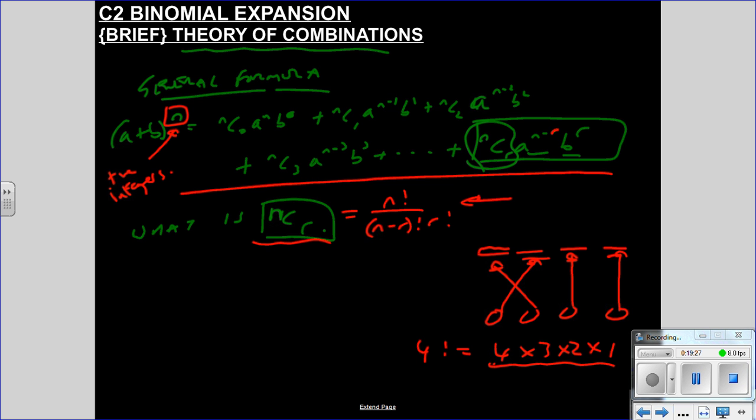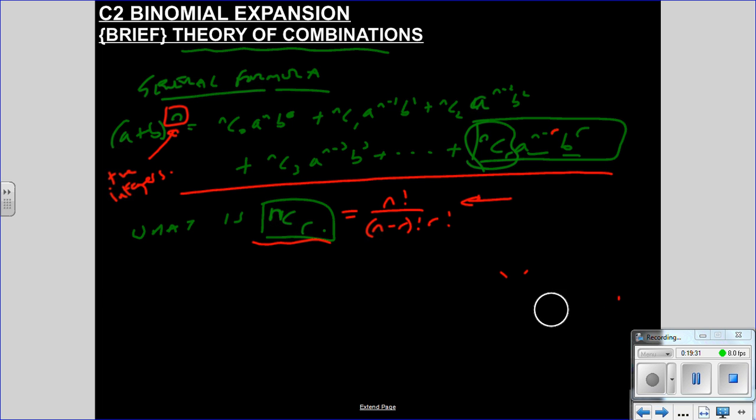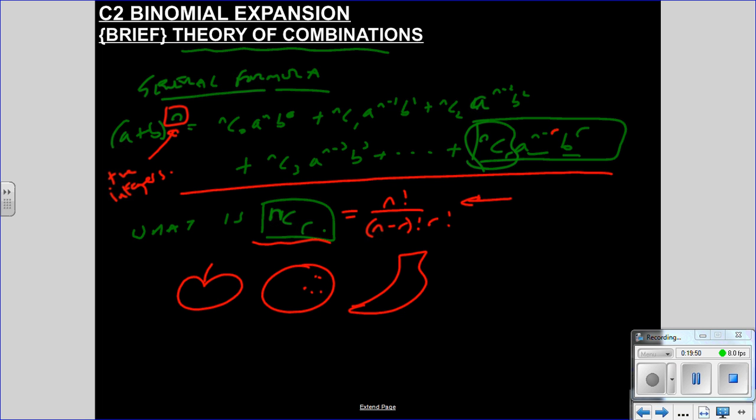What does this n choose r mean? Well, this means how many different ways are there, unique ways of picking certain objects from an overall number of objects. So, for example, if I had an apple, an orange, a banana, a pineapple, and some cherries, let's say.